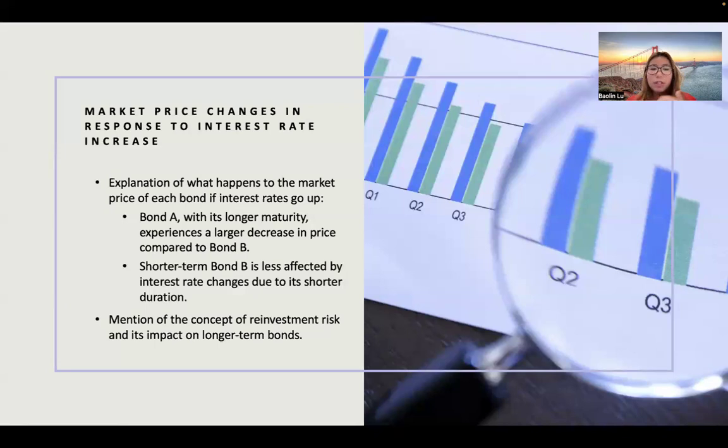So I'm going to explain what happens to the market price of each bond if interest rates go up. Bond A, with the longer maturity, experiences a larger decrease in price compared to bond B. The shorter term bond B is less affected by interest rate change due to its shorter duration. I'm also going to mention the concept of reinvestment risk and its impact on the longer term bond.